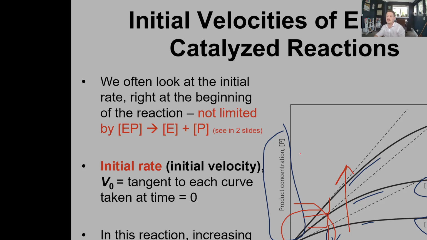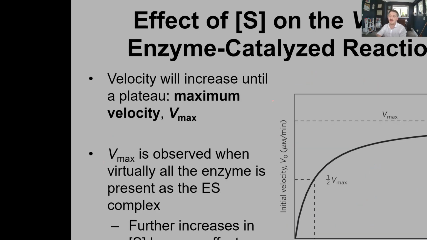And if we were to take the, where's my pen? As substrate increases, velocity increases at the V0, meaning initial velocity. If we were to take that and plot that on this graph here as substrate concentration, oh, where's my pen?